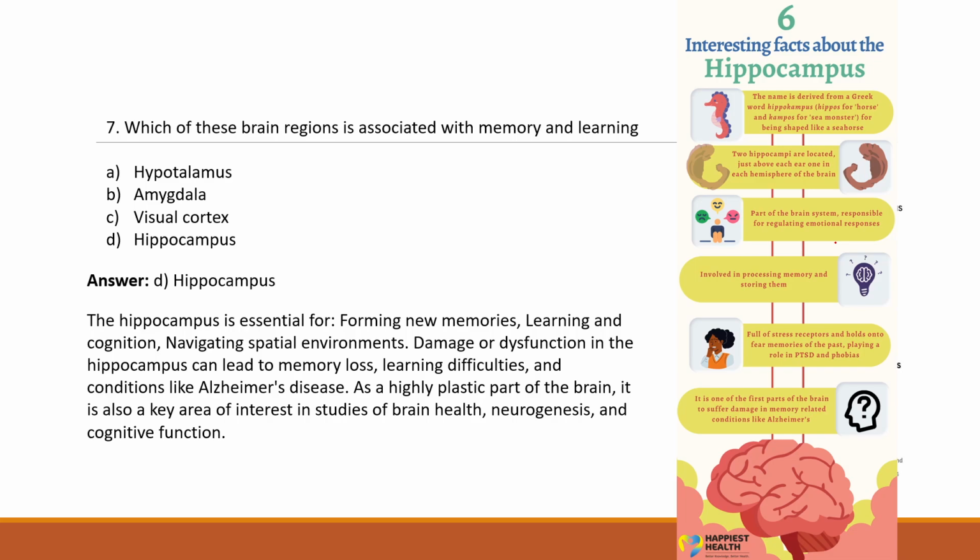Okay, so the next one is the amygdala. What does the amygdala do? Like we saw with emotions, your amygdala also plays a key role in maintaining your emotions. Whatever response you give to emotions is also because of your amygdala and how it processes your emotions.